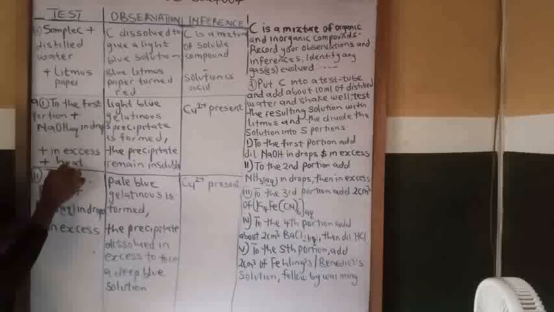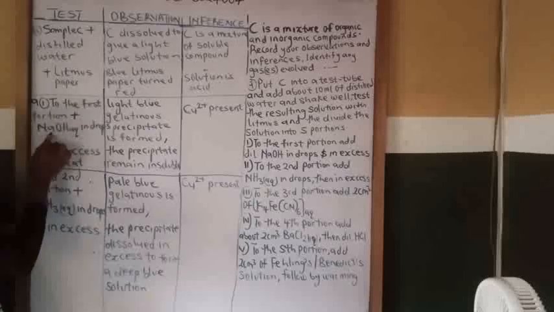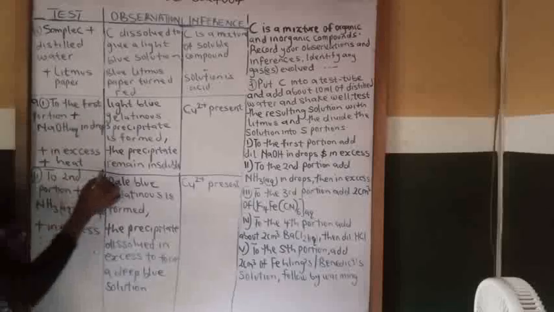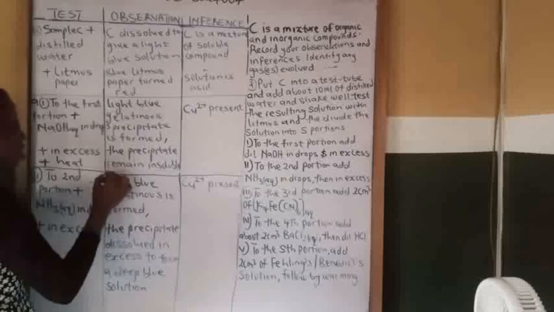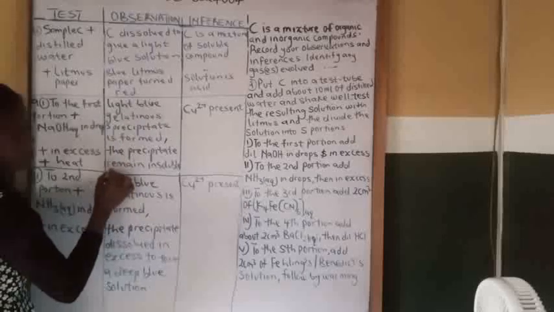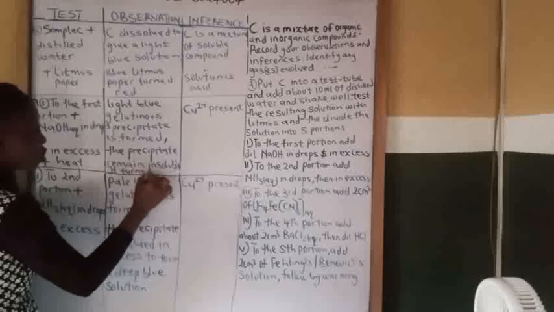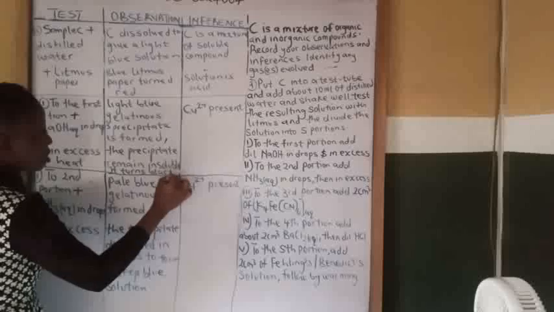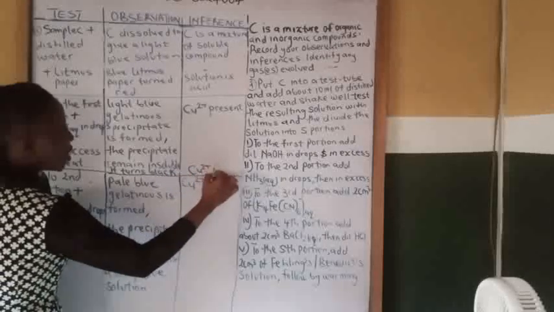So when you heat the mixture of our solution C and sodium hydroxide, the blue gelatinous precipitate turns black. So copper ion present.